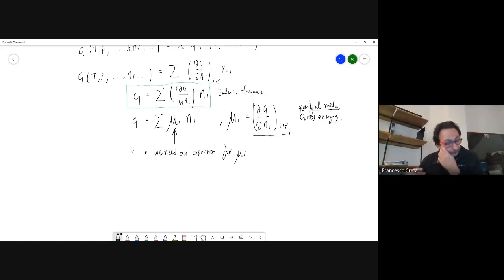In fact, as you know, for what we call an ideal gas, the intermolecular forces become negligible. So that means essentially this.